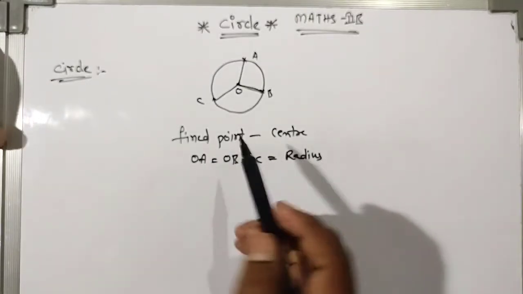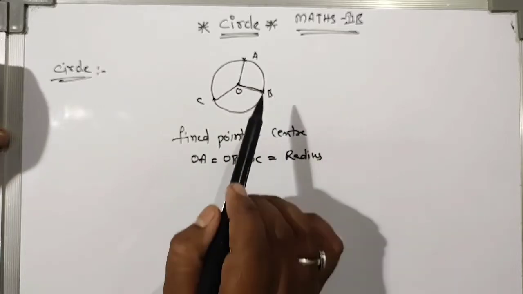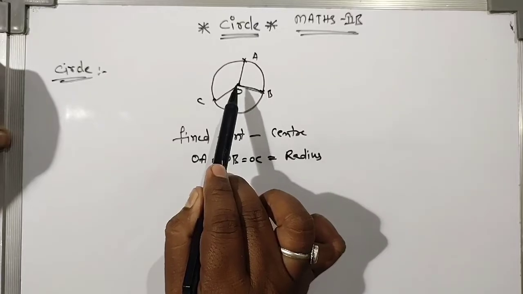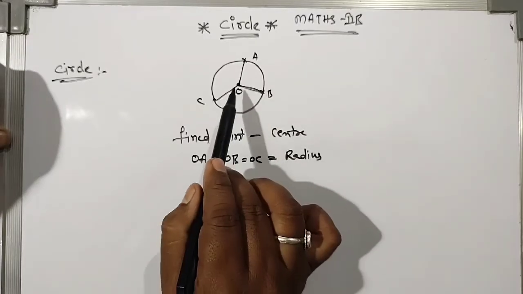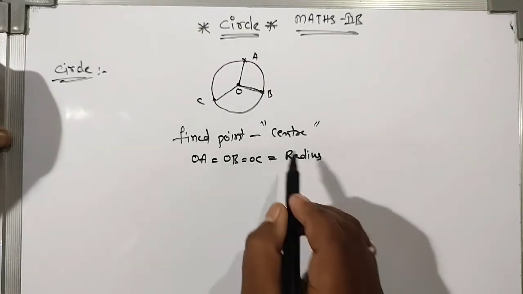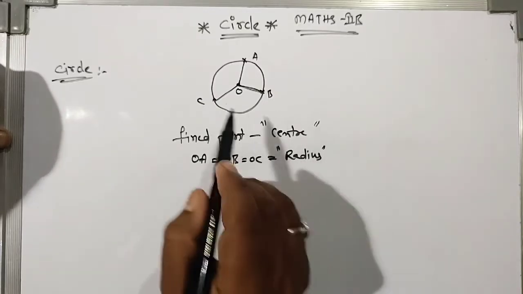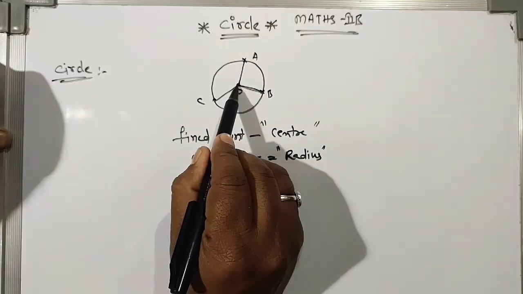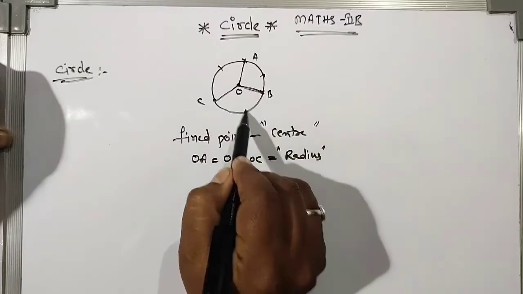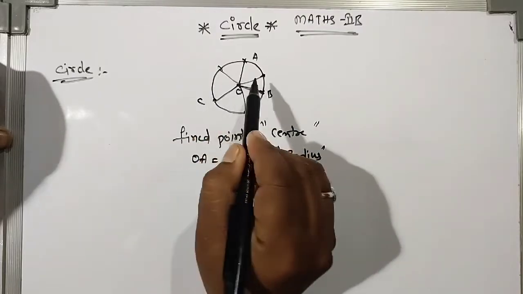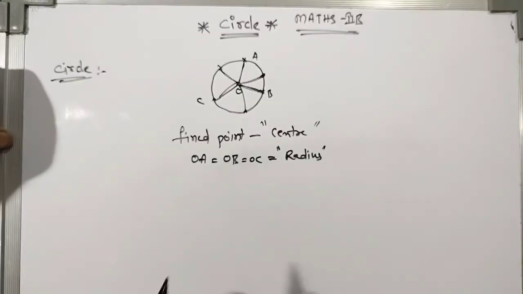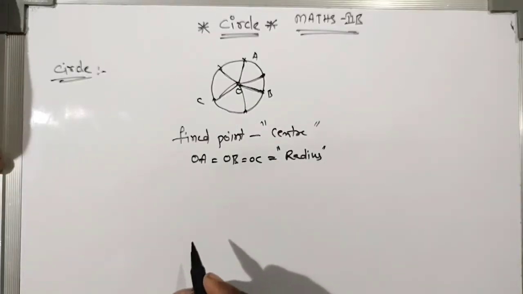If you see once again, the circle is the set of points which are at equal distance from the fixed point. The fixed point is called the center, and the fixed distance is called the radius. The radius is the distance from the center to any point on the circle. If you take any point on the circle, the distance is fixed. Here the double of the radius is called the diameter.